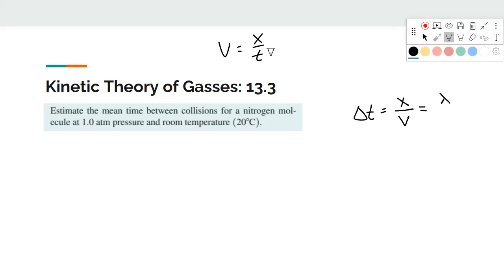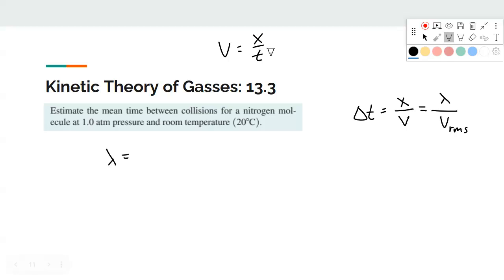But we've already talked about that a little bit. That's the mean free path. And then we want to know how fast the molecules are moving on average, but we've also talked about that. That's the RMS velocity. That's not quite the average speed, but it's going to be very close for the types of distributions that you see in real gas boxes.